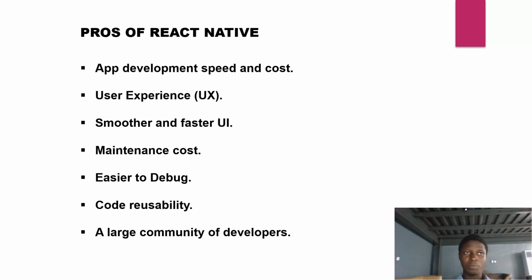Easier to debug. By the time you start writing React Native code, you will see how easy it is to write and easier to debug. Code reusability and a large community of developers. We have so many pools, a community of developers for React Native, making it very easy. Let's say you fall into a problem, it's very easy for you to get someone to help you solve it.